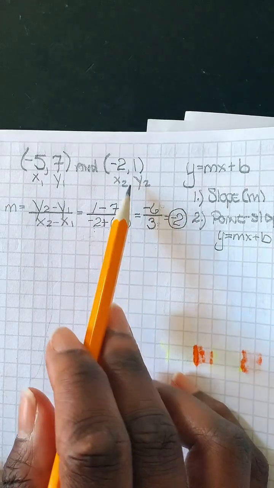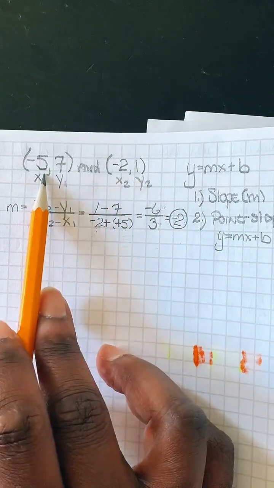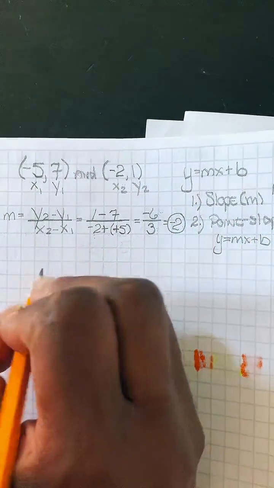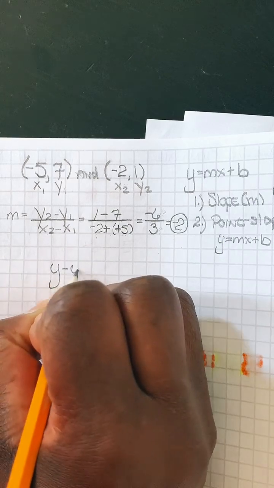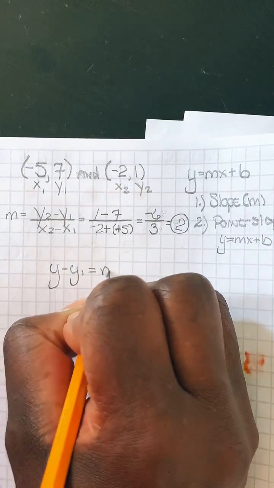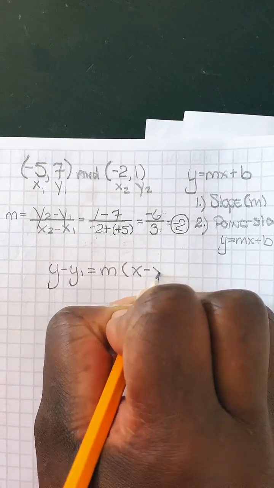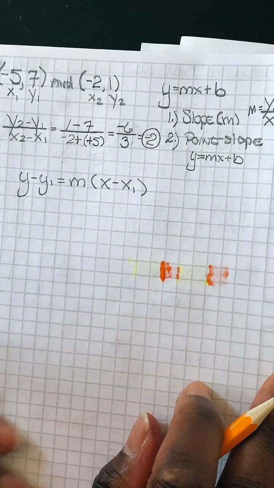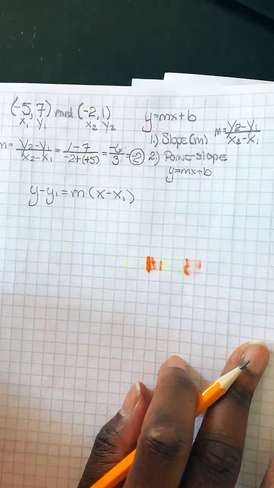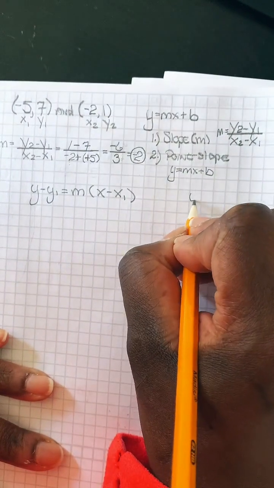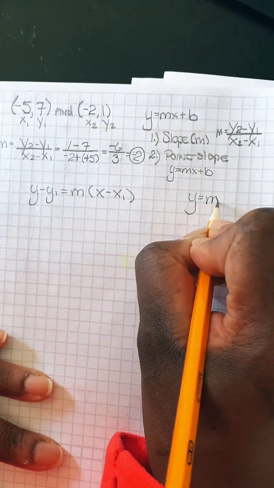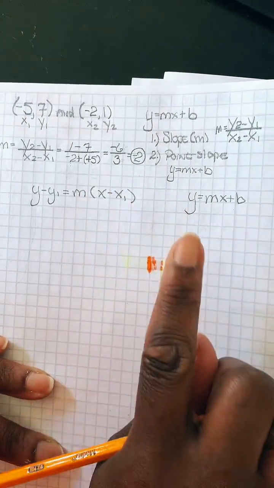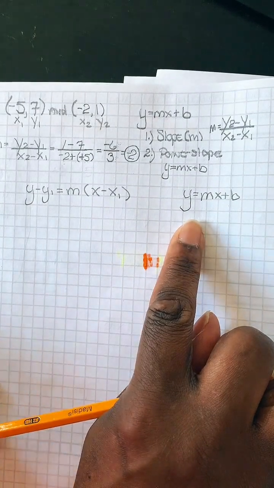You pick one of the two original points, and you either use point slope form, which is y minus y1 equals m times x minus x1, or you use a regular slope-intercept equation. It's up to you how you want to do it. Okay.